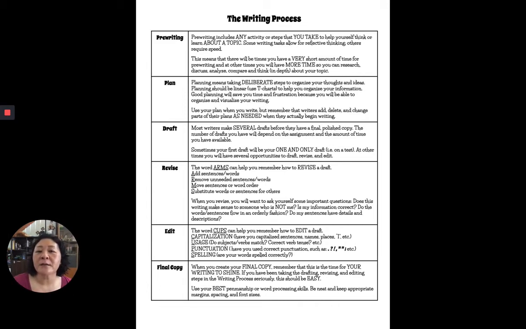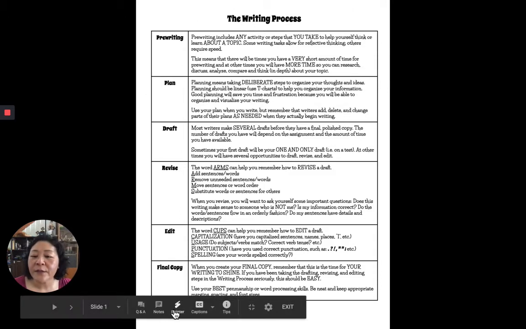Pre-writing, you will probably remember from elementary school, is where you brainstorm and think about your topic. Sometimes in class your teacher would just ask you to write something down really quickly, and that could also be pre-writing. If you look at the definition here, let me use the pointer.